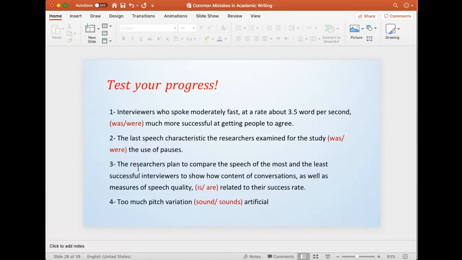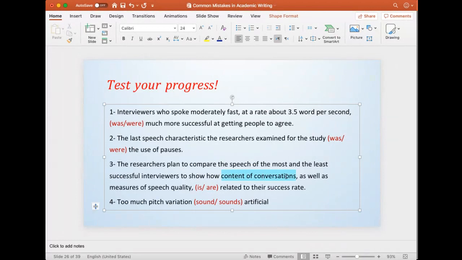I would say the researchers plan to compare the speech of the most and least successful interviewers to show how content of conversations is related to their success rate. The subject is content of conversations, so it has to be singular. Content of conversations, as well as measures of speech quality, is.